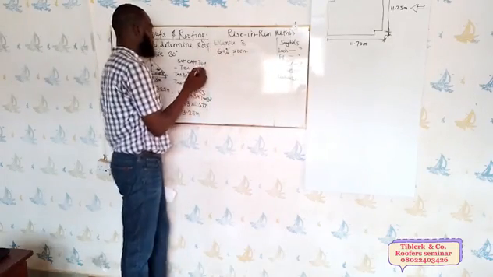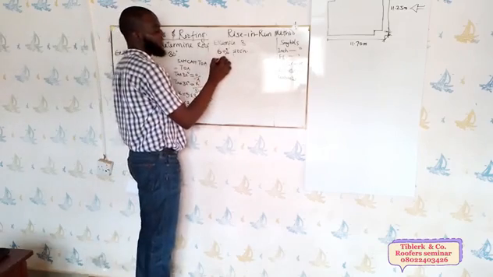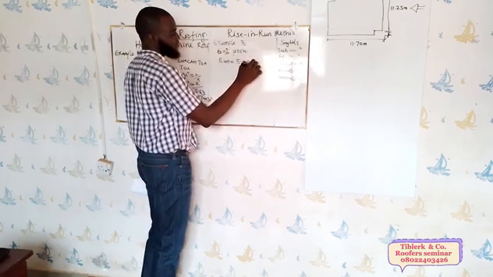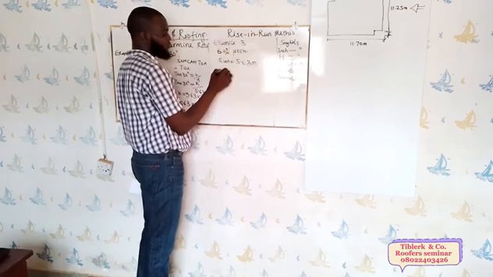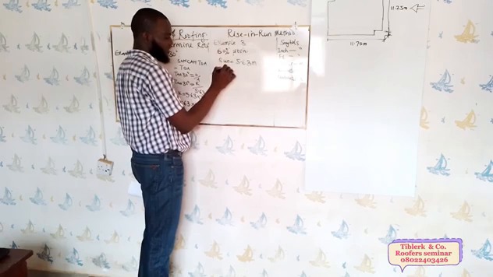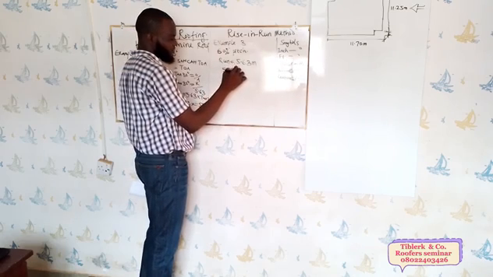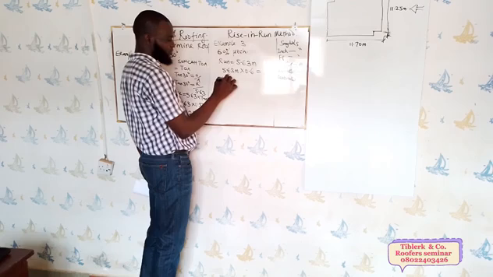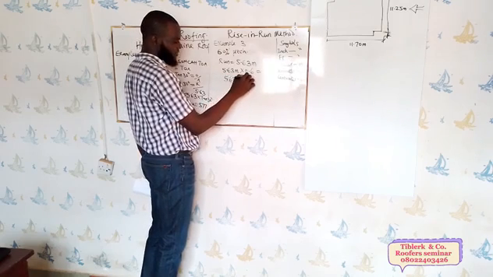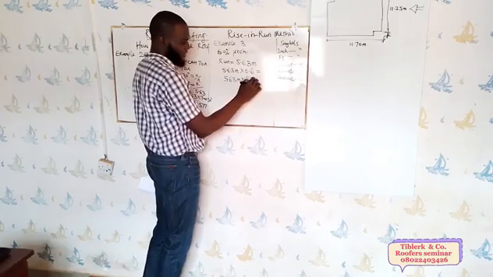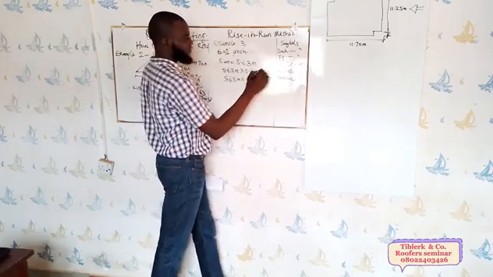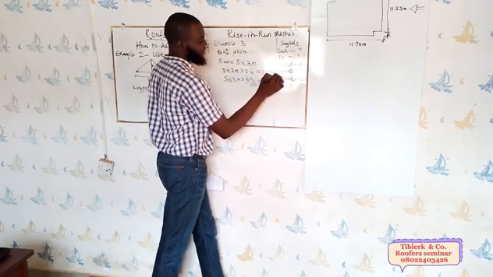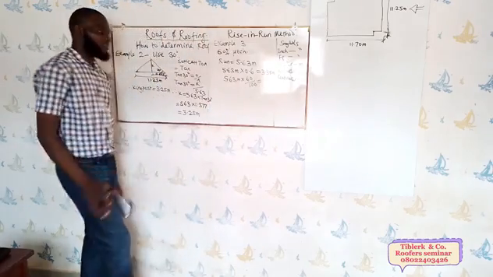We know our run to be 5.63. So 60% of this will be what? That will be 5.63 times 0.6, or 5.63 times 60 over 100. That's 3.378, approximately 3.38 meters. This is 60%.